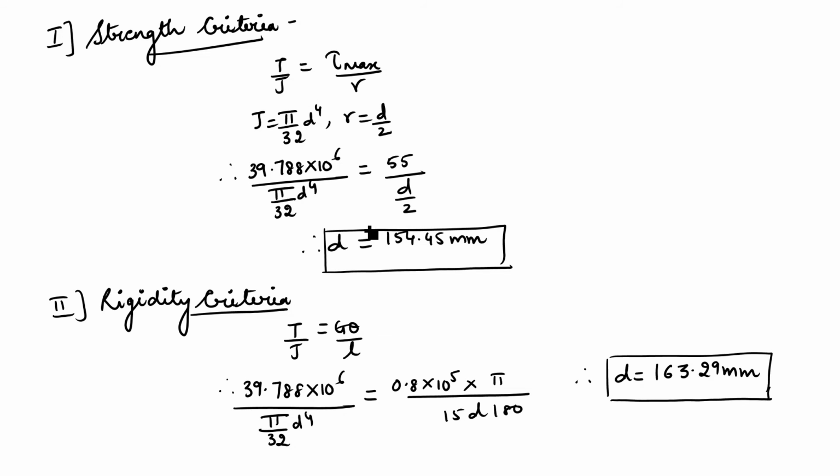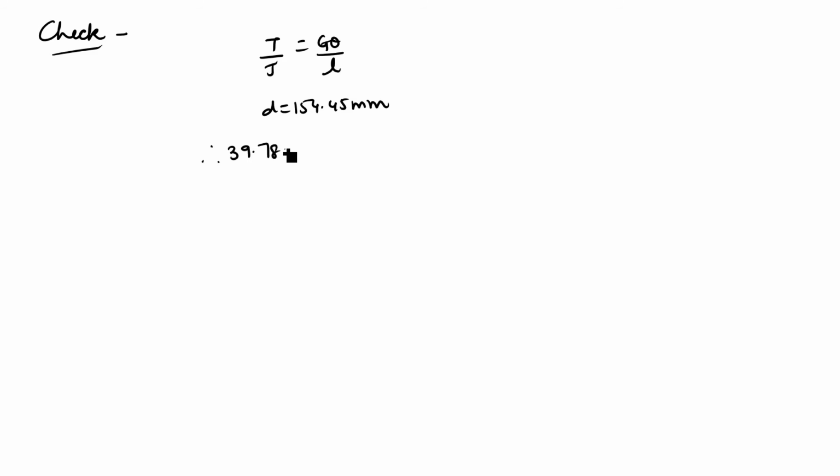So let's start with substituting this diameter in rigidity criteria. So I'll write here check. I'll use the formula T by J is equal to G theta by L. The diameter is 154.45 mm, which I'm using for the check step. So I have 39.788 into 10 raised to 6 upon pi by 32, 154.45 raised to 4 is equal to 0.8 into 10 raised to 5.